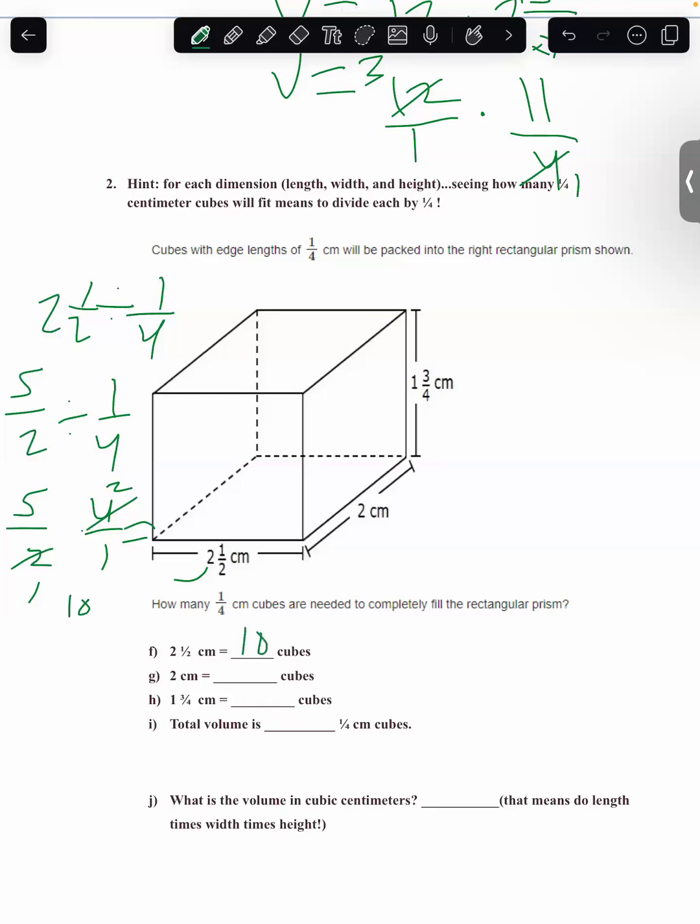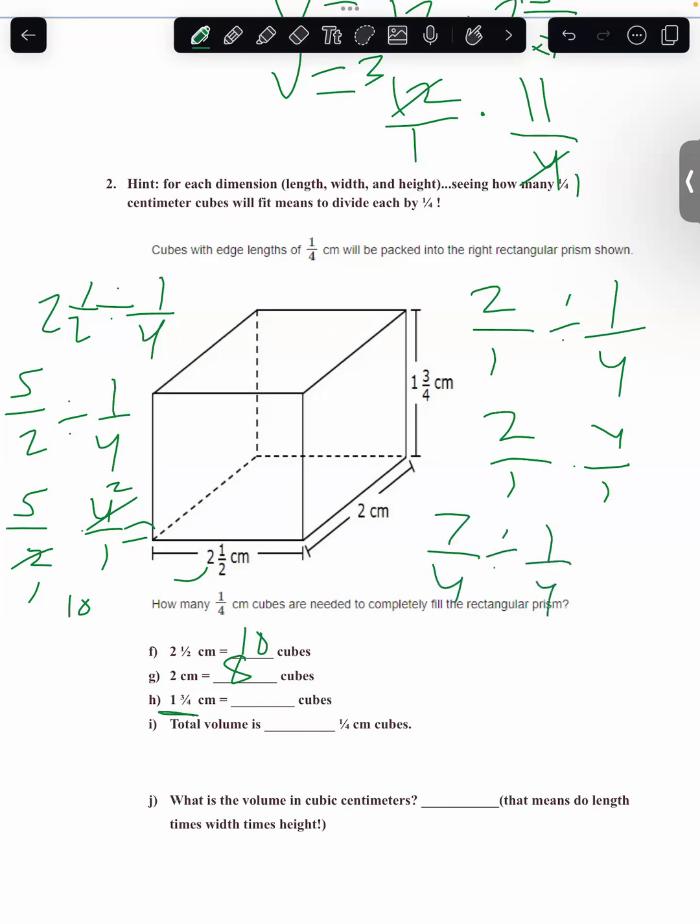If you have 2 and you divide it into fourths, so 2 over 1 divided by 1/4, 2 over 1 times 4 over 1, it's going to be 8. And then 1 3/4, if we convert that to an improper fraction, is 7/4 divided by 1/4, so 7/4 times 4 over 1, which is 7.